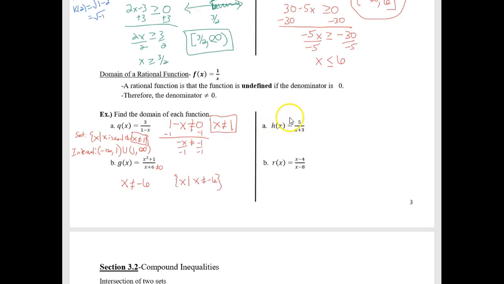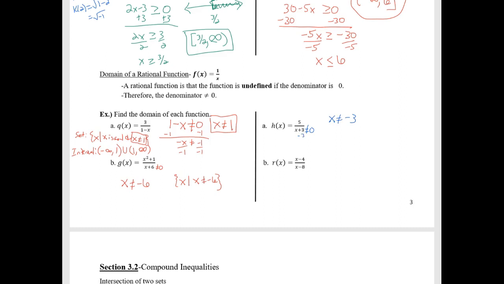Alright, looking at function h here on the right, we want to determine the domain of this function, which means we have to find the only value that x can't be. So the denominator cannot equal 0. The only value that x can't be, x cannot be negative 3, right?